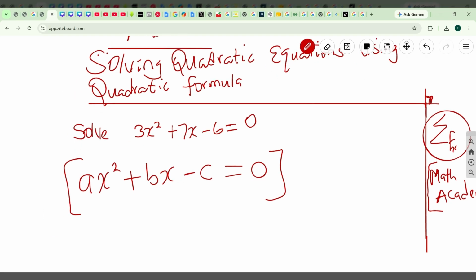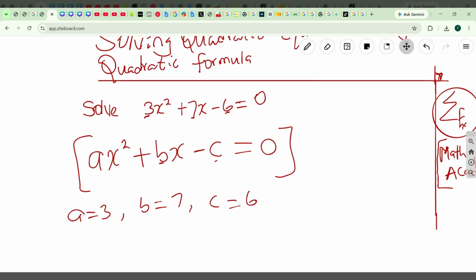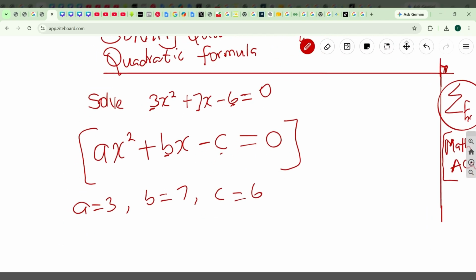Therefore, from the question we have above, 3x squared plus 7x minus 6 is equal to 0. In this case, we can see that our 3 is a, so a is equal to 3, and our 7 is the b, so b is equal to 7, and then 6 is our c, so c is equal to 6. This is all we need to solve this question.